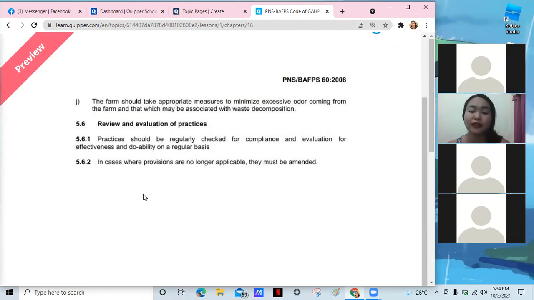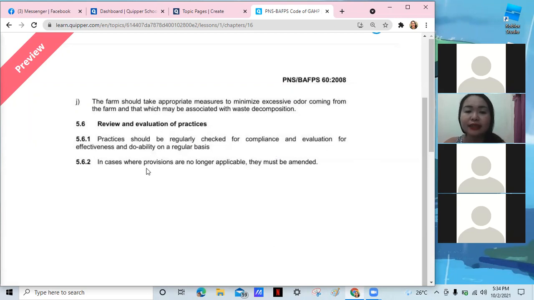That's part of degradation. So if we can minimize that by controlling their feeds, because there are feeds that can minimize odors, and also we can put a lot of charcoal or straws to neutralize ang baho. So there are ways to do that. And practices should be regularly checked for compliance and evaluation for effectiveness and doability in a regular basis.